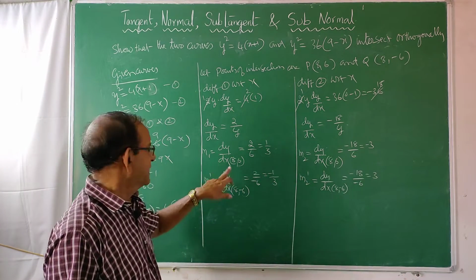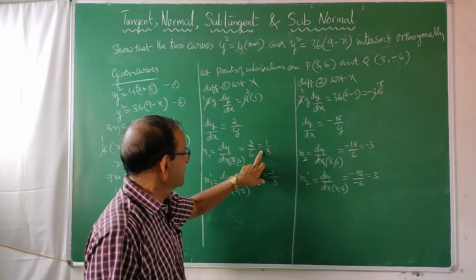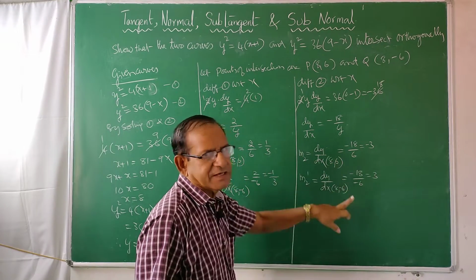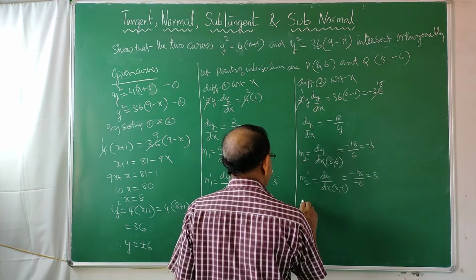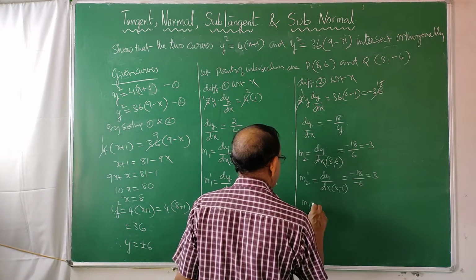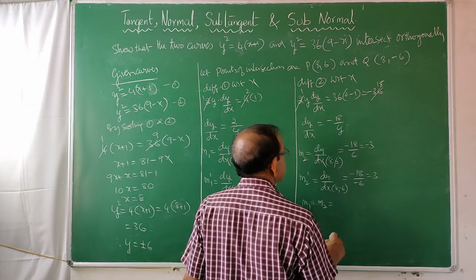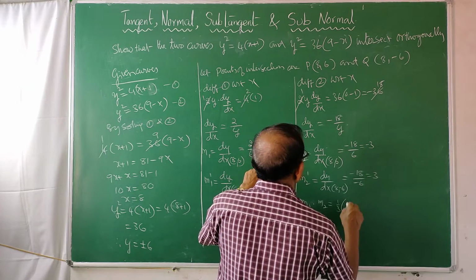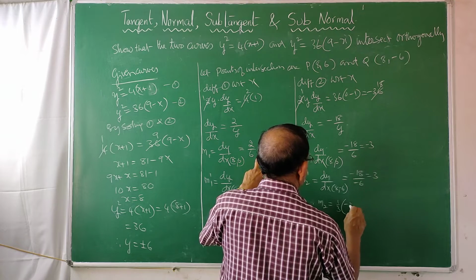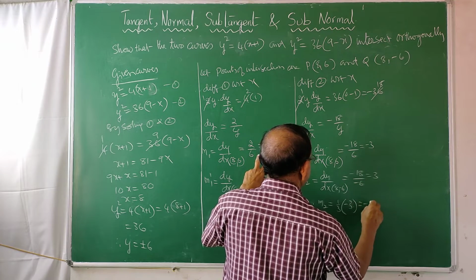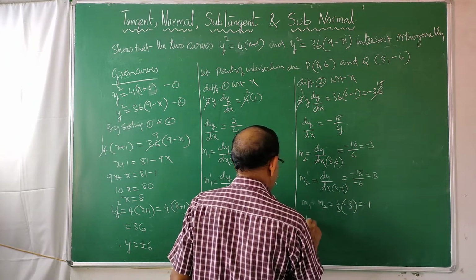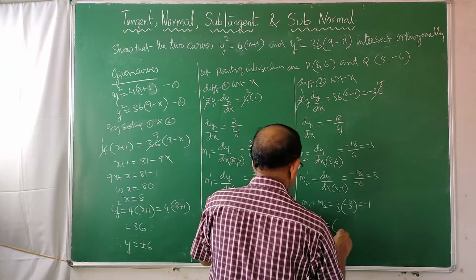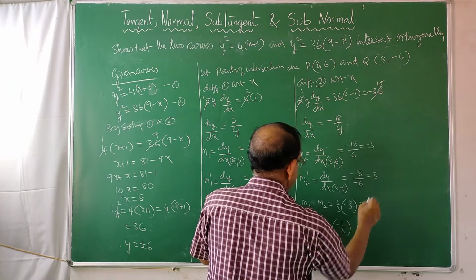So I have got this. The slopes of the tangents at P are 1 by 3 and minus 3. At the second point they are minus 1 by 3 and 3. What is m1 into m2? m1 is 1 by 3, m2 is minus 3, equal to minus 1. Similarly, m1 dash into m2 dash. m1 dash is minus 1 by 3, m2 dash is 3.